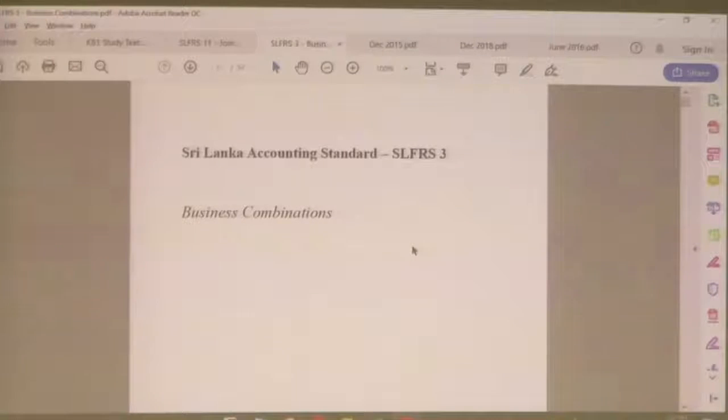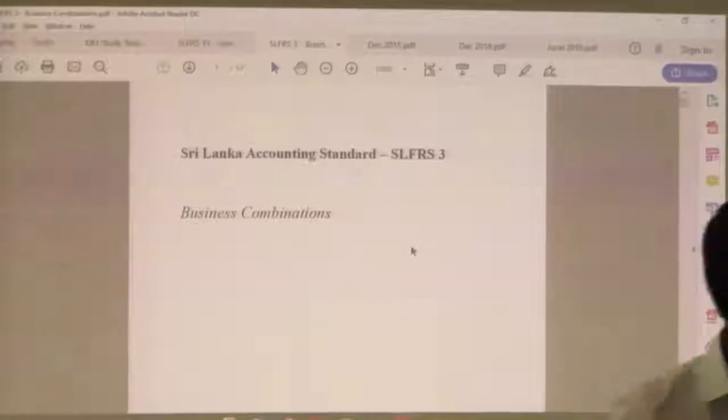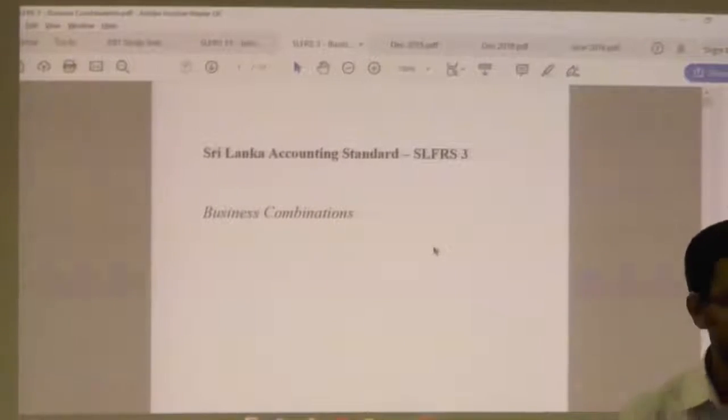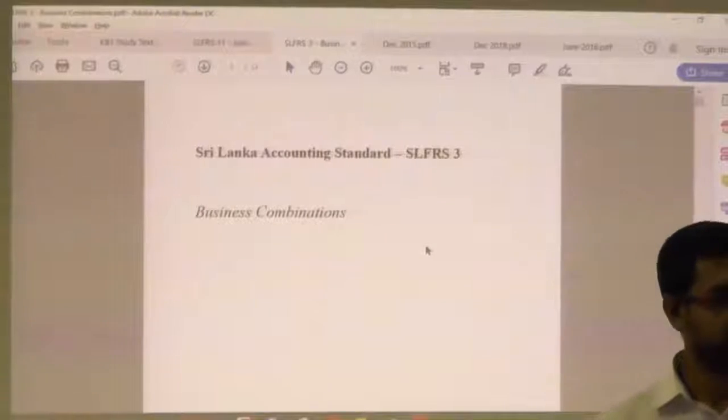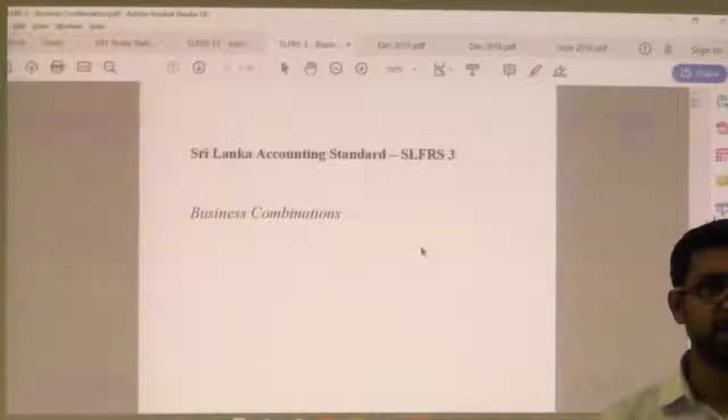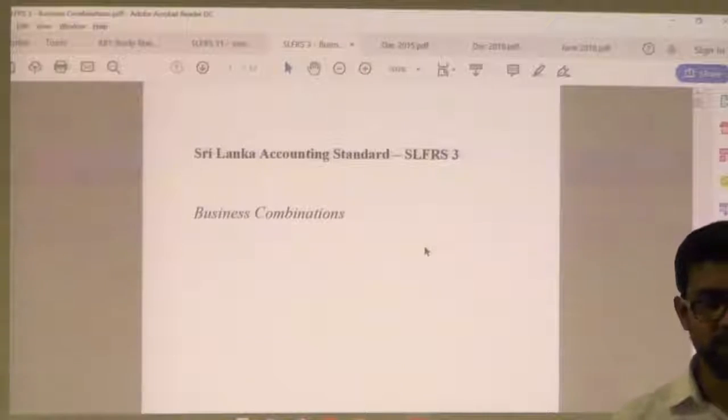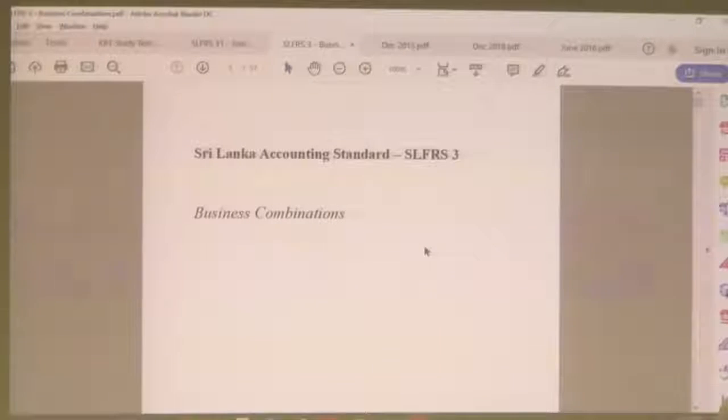I will summarize again for your benefit SLFRS 3 business combination. We'll go through the standard first, then I'll show you the relevant conceptual visualization. I'm planning to do that visualization later on. Since you have the video, you can go back and see. But for the time being, we'll go through this with the standard.